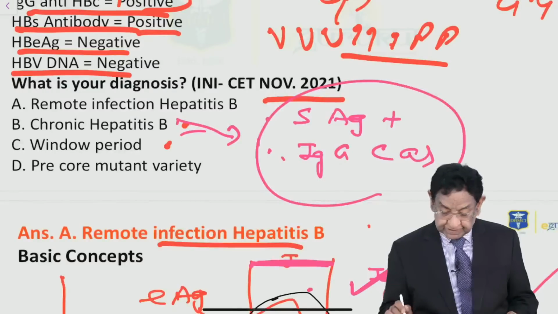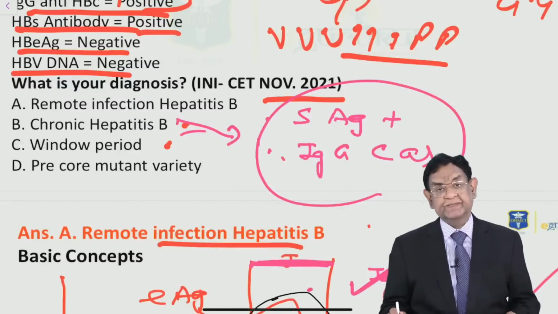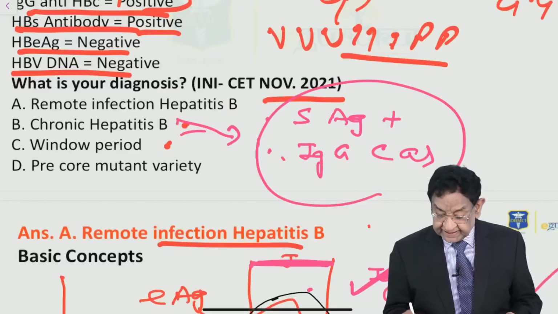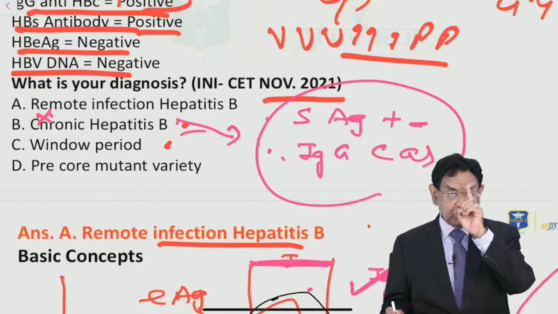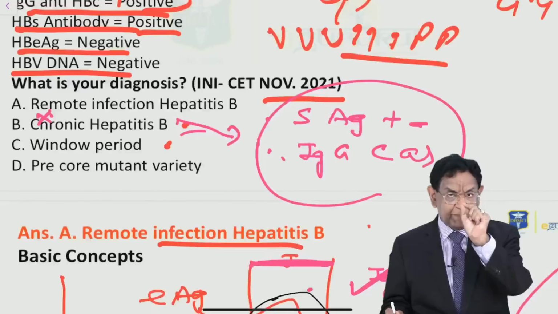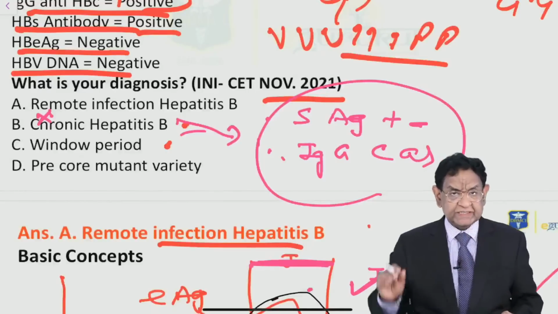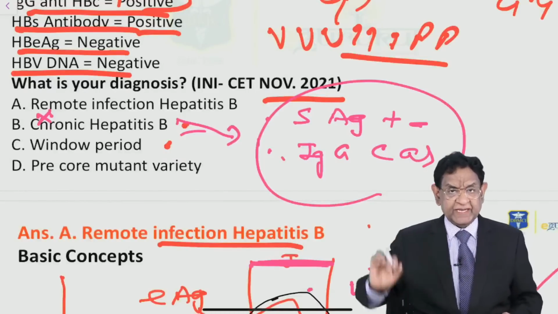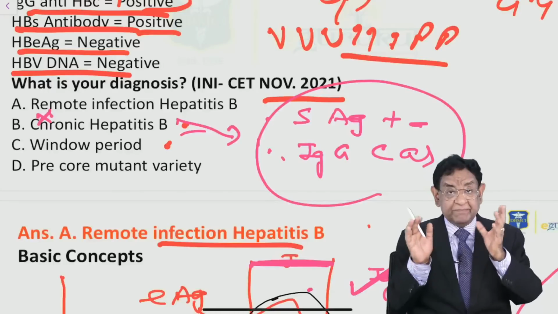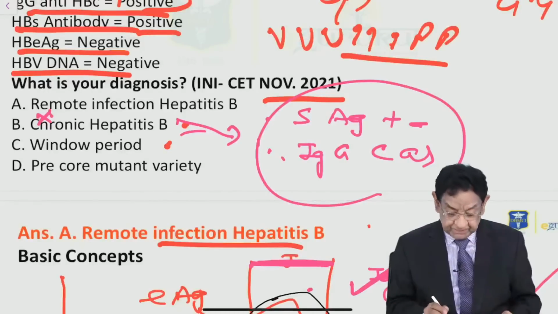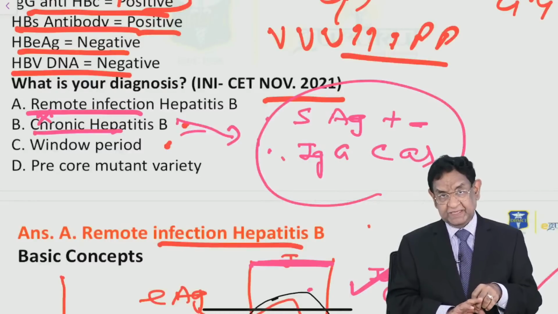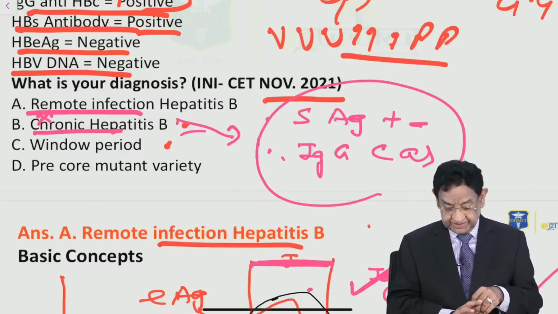Both should be there. In our case, the surface antigen is negative, so this cannot be chronic hepatitis. That's why at times people commit mistakes on this. They simply write chronic infection, the way even I wrote it deliberately, to make you clear there's a difference between chronic hepatitis and remote infection of hepatitis B. Our case is a remote infection.